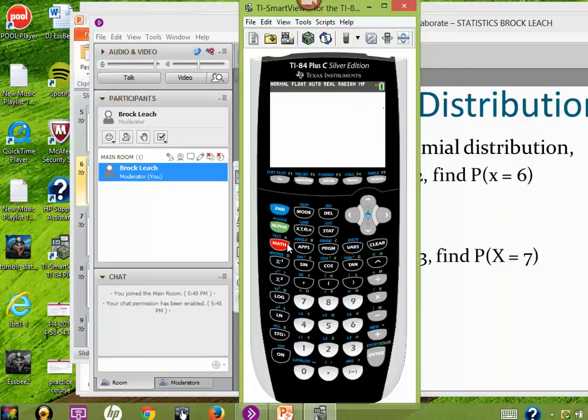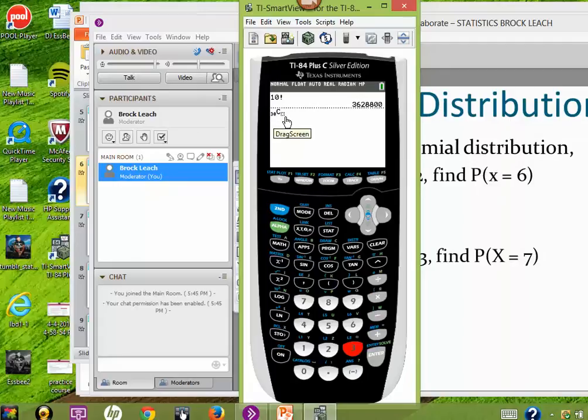Now we're going to go to math again and toggle over to probability. And you can actually see there, nCr is the 3rd choice down the list. So I'm going to go ahead and highlight that, or you can highlight it and hit enter, or you can just hit 3. And so you can see it substituted 30 in for n.